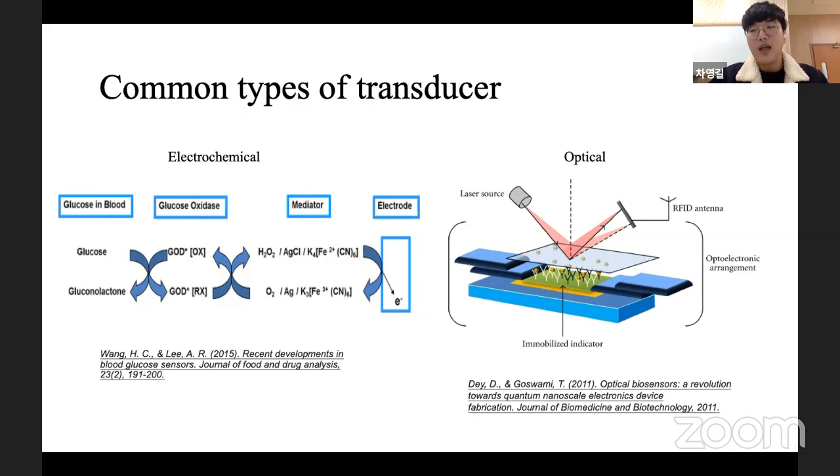As you all know, the glucose concentration is measured by measuring electrons related to the reduction-oxidation reaction through the glucose oxidase. In addition, potentiometry, amperometric, and conductance and capacitance methods are widely used for the electrochemical transducer.